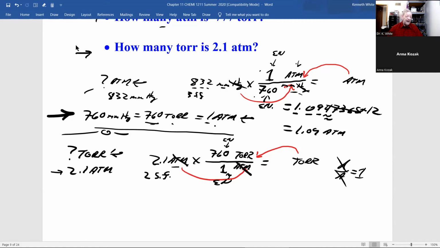And now I can pick up my calculator, clear it. 2.1 times 760. And my calculator gives me this number.